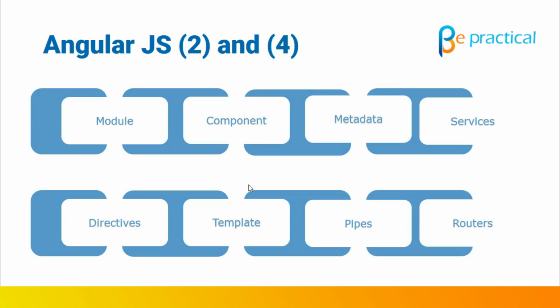We can call them the building blocks of Angular application development, whether it is any framework from 1 to 7. These are the building blocks of Angular, and we'll see each and every Angular building block along with examples.